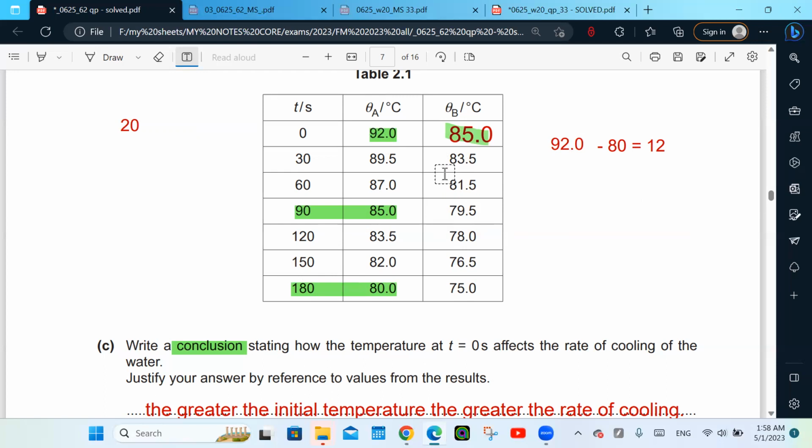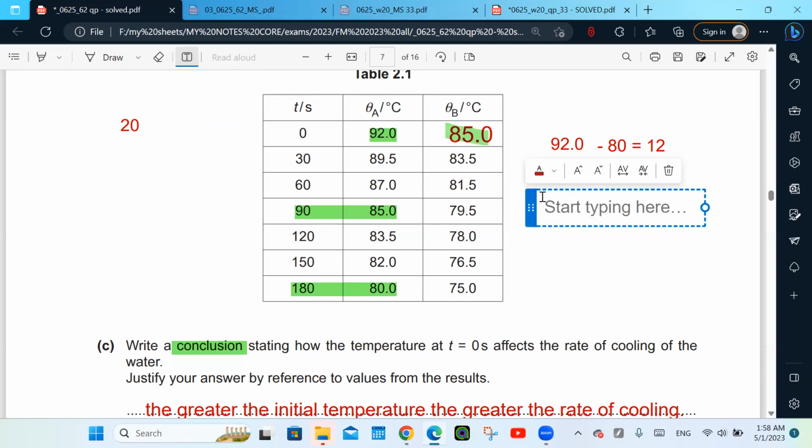But in the second experiment, experiment B, we start from 85. 85 minus 75 after the same time interval, after 180 seconds, it was 75.